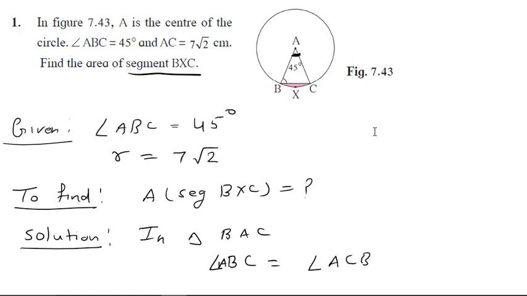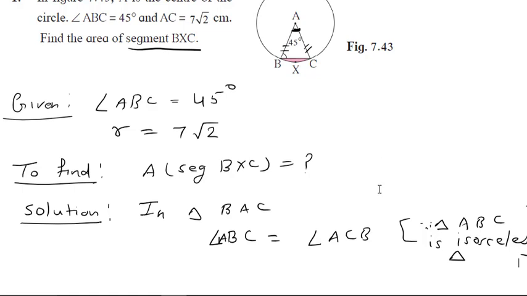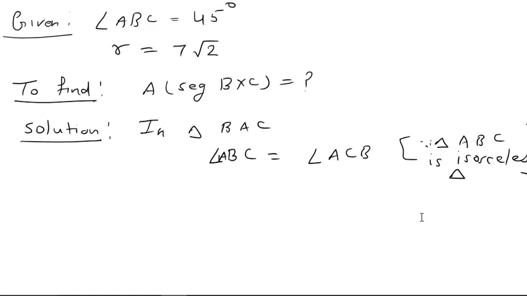Okay, why? These are angles opposite to equal sides. So angles opposite to radius, I can say that. So this is isosceles triangle. Since triangle ABC is isosceles triangle, this is the reason I will say that angle ABC equal to angle ACB.